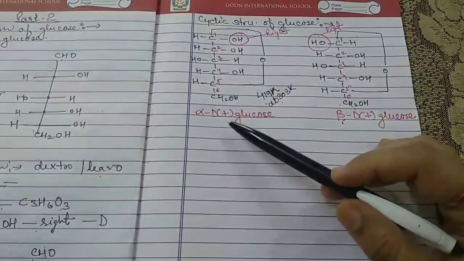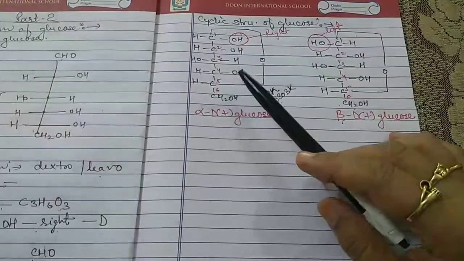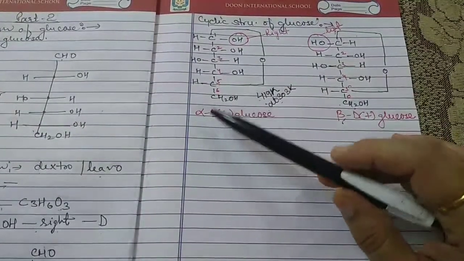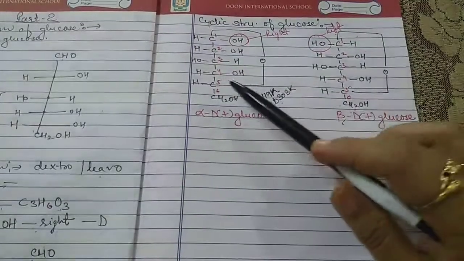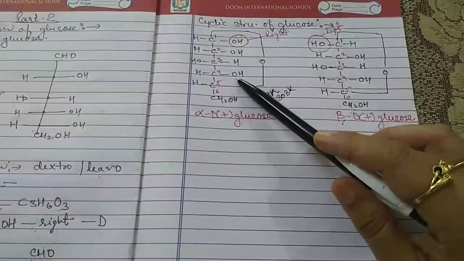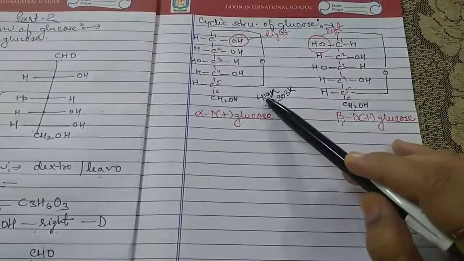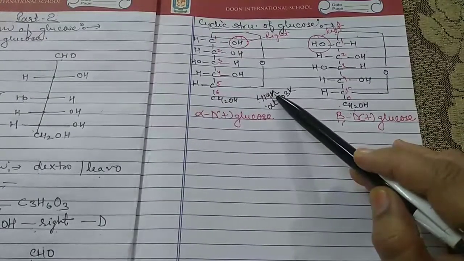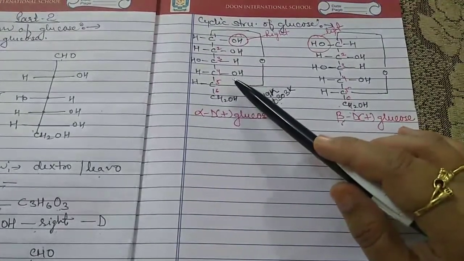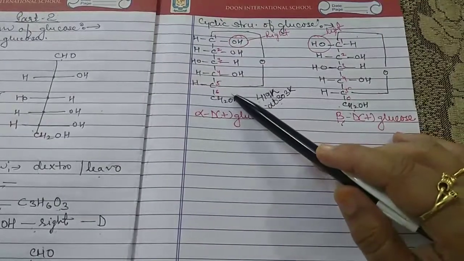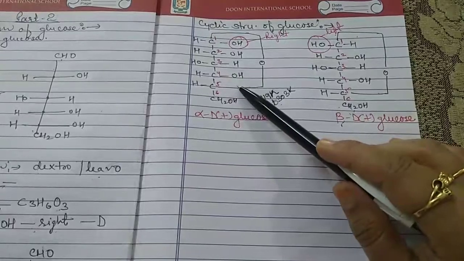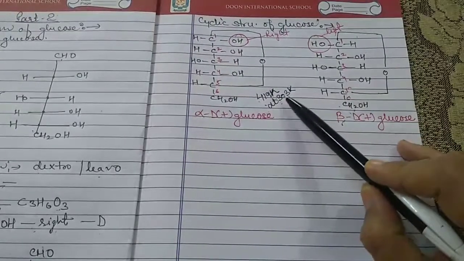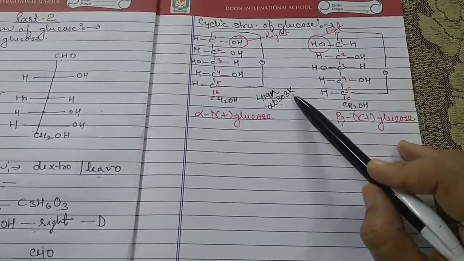Glucose is found to exist in two different crystalline forms, the alpha form and the beta form. The alpha form has a melting point of 419 Kelvin and is obtained by crystallization from a concentrated solution of glucose at a temperature of 303 Kelvin.